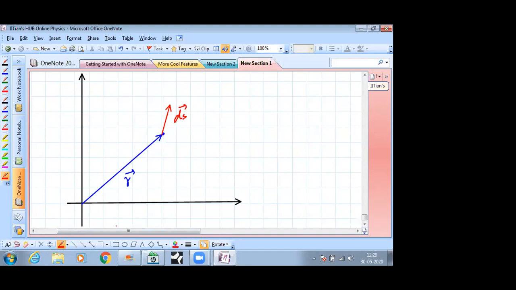It has gone from initial position r to a final position that is like this, r plus ds. Fine. So it's gone from here to here. So that displacement, how we write it in polar system, let's understand that first.